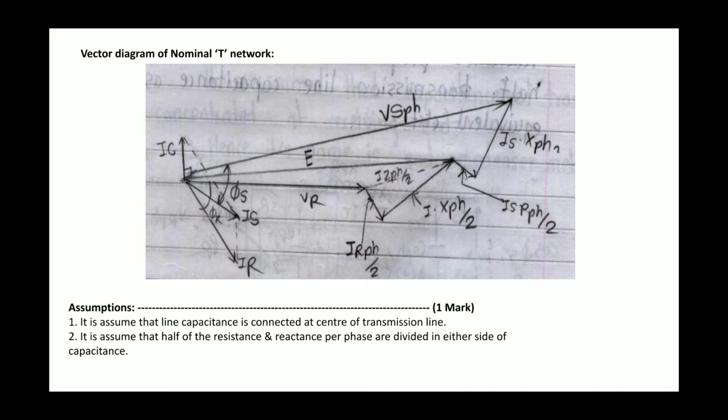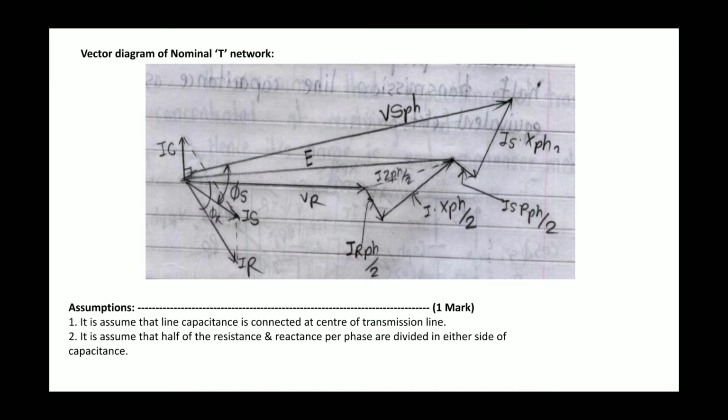Whenever we draw the vector or phasor diagram, we consider the load side voltage, load side current, then the load side power factor. So we consider VR as our reference voltage. Then we consider the load is inductive. So when the voltage is the reference, the current is in lagging condition.